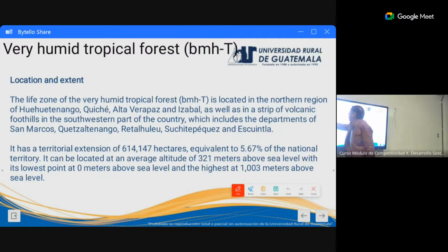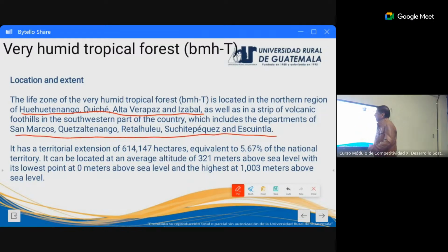In this case, Huehuetenango, Quiché, Alta Verapaz, and Izabal, as well as in a strip of volcanic foothills in the southwestern part of the country, which includes the departments of San Marcos, Quetzaltenango, Retalhuleu, Chimaltenango, and Escuintla.